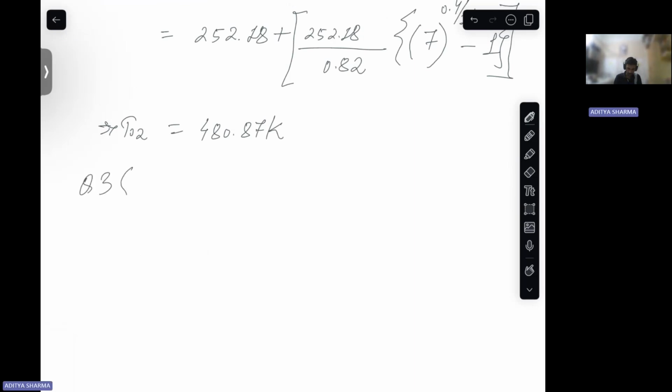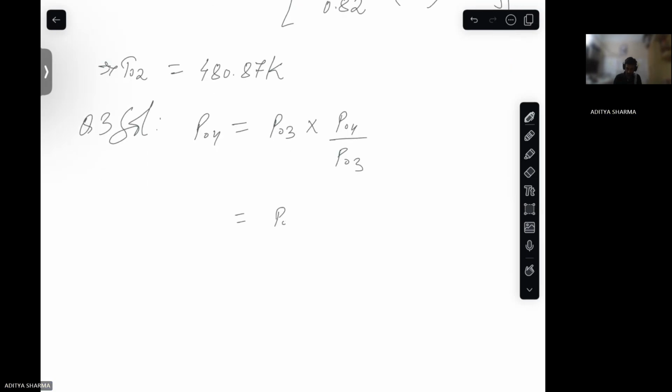question number 3, solution. So we want P04. So P04 is equal to P04 by P03. You can write it like this. And then P04 by P03 can write as this, gamma g by g minus 1.